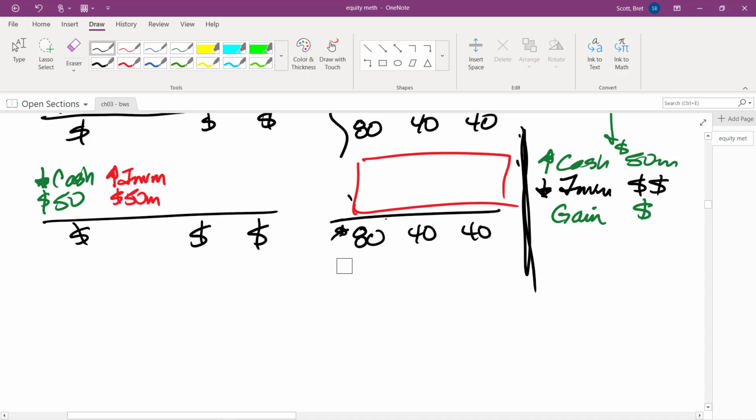Well, we're going to do this in a two-step process. If I paid $50 million for the investment in subsidiary account, let's just say that $50 million was partly for the net book value of DMC. So when I do my consolidation, I need to, from a theoretical and practical standpoint, eliminate all $50 million of my investment account.